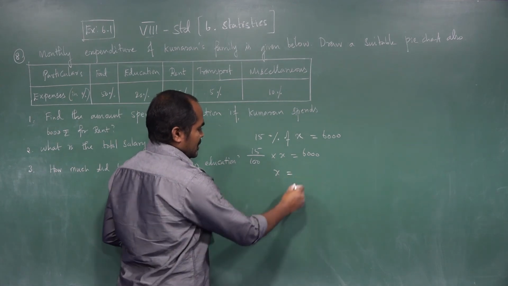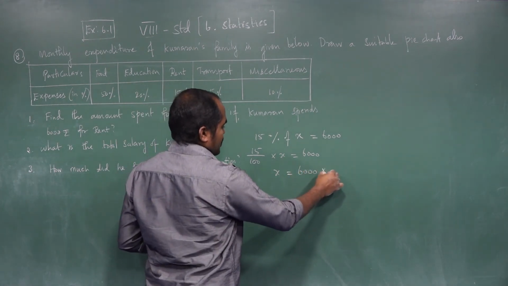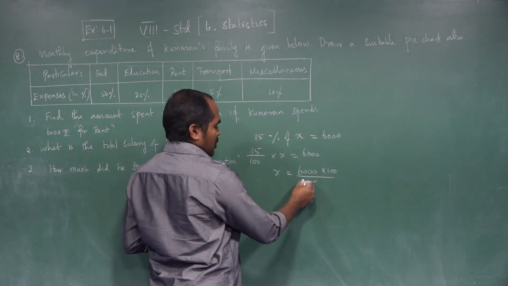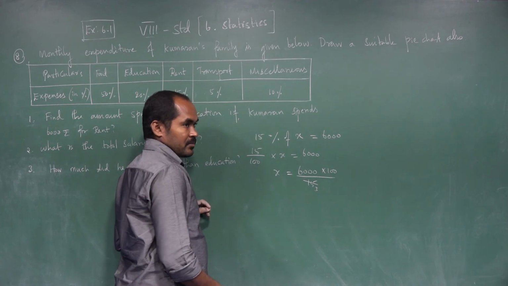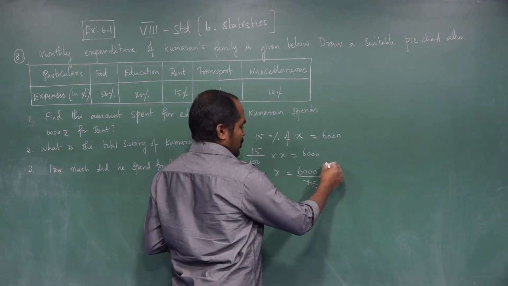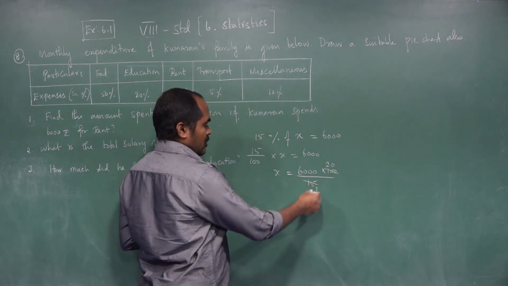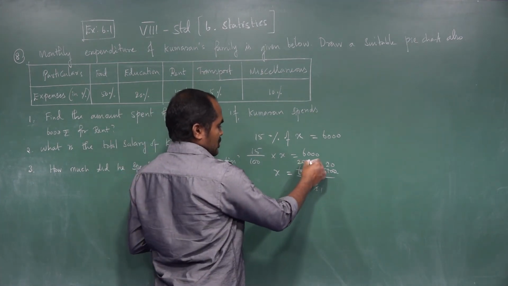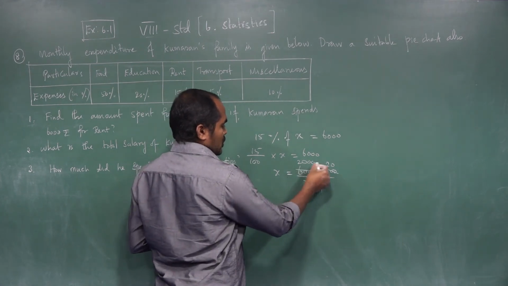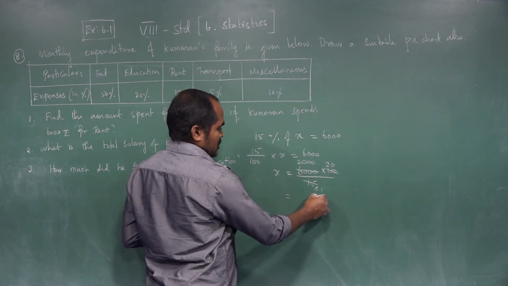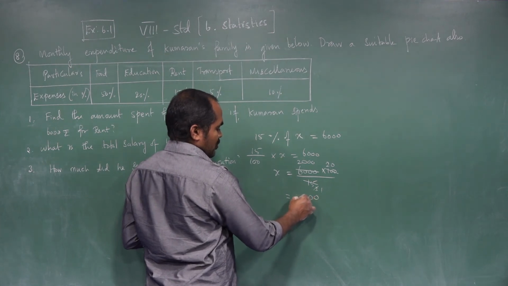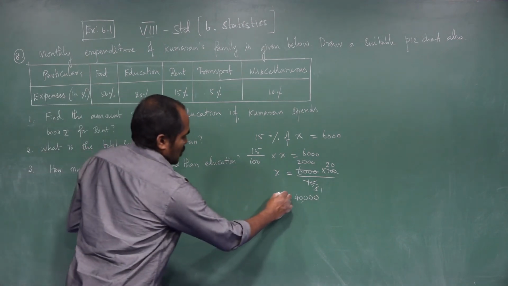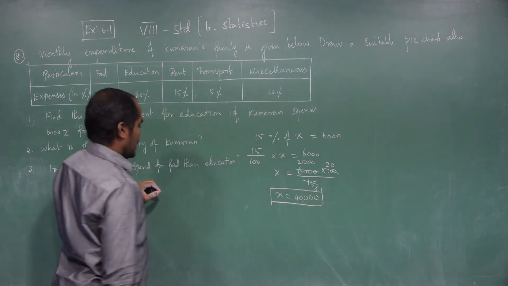X is equal to 6,000 into 100 by 15, right? So 3 5s are 15, 2 5s are 10, that is 20, 1 3 is 3, 2 3s are 6, so this is 2,000. 2,000 into 20, 0 0 0 0 and 4, 40,000. So 40,000 is Kumaran's salary.